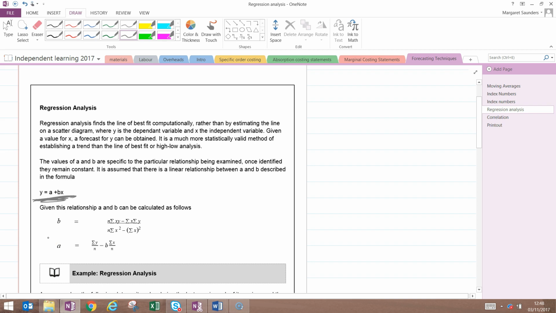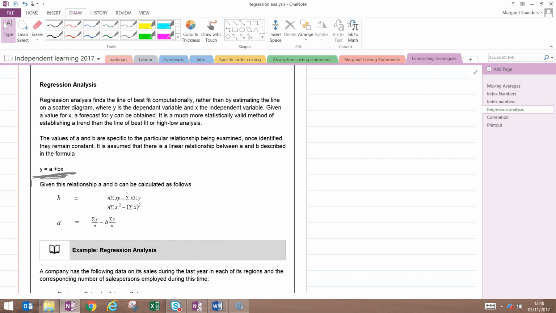In order to calculate the values of a and b, we need to use these formulas. So we're going to look at an example of how we can calculate the values of a and b and how we can then use this information for forecasting.